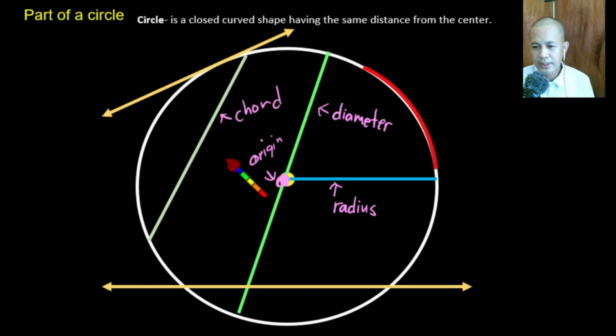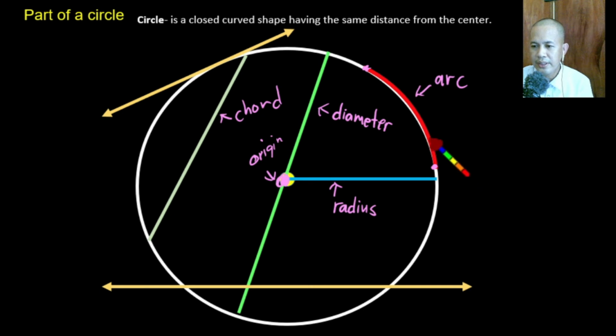The next one, the curved line here from this point to this point, is called an arc. An arc is a curved line that is part of the circumference of a circle. So this is a curved line within the circumference of a circle.